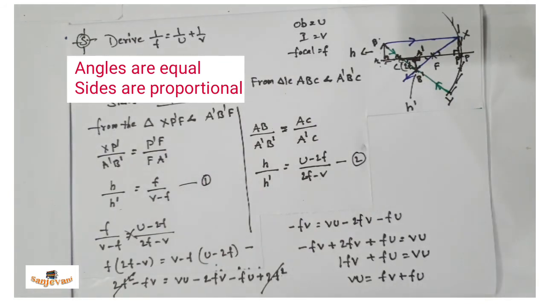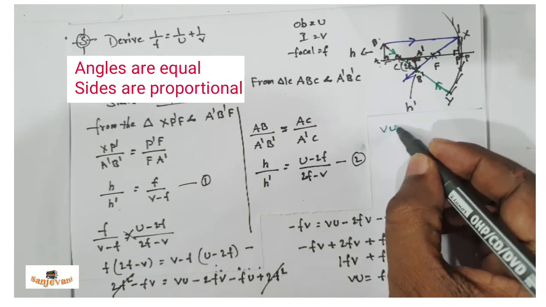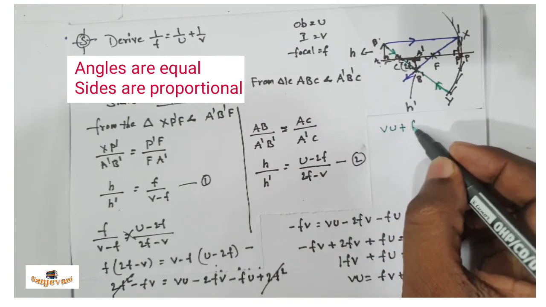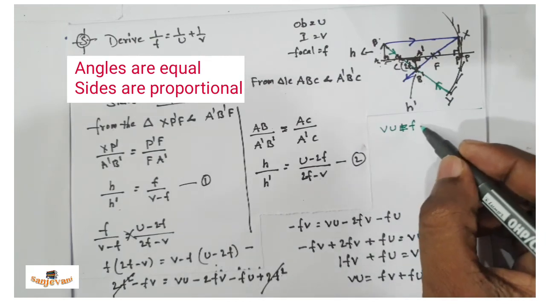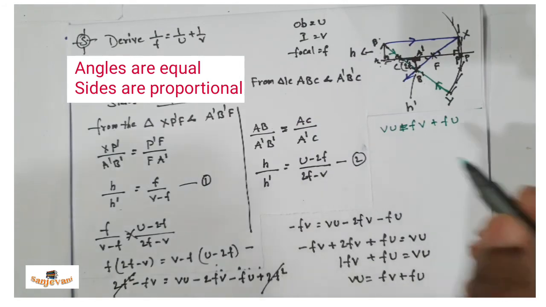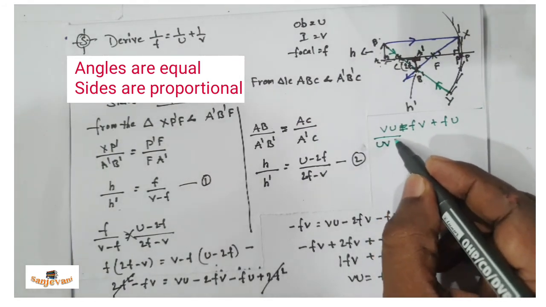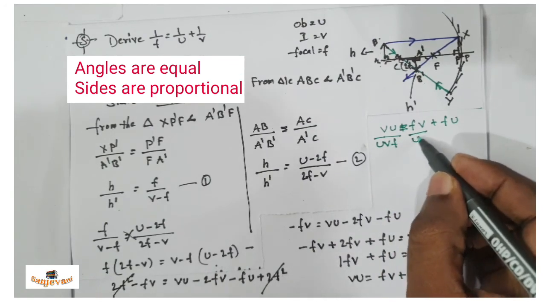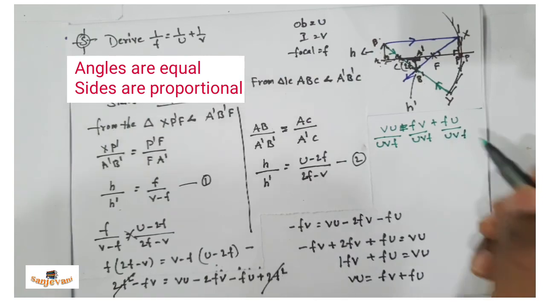Right. Let me finish it here. Now whatever we got here, let me write as it is: vu is equal to fv plus fu. Now I am going to divide all the three terms by uvf.